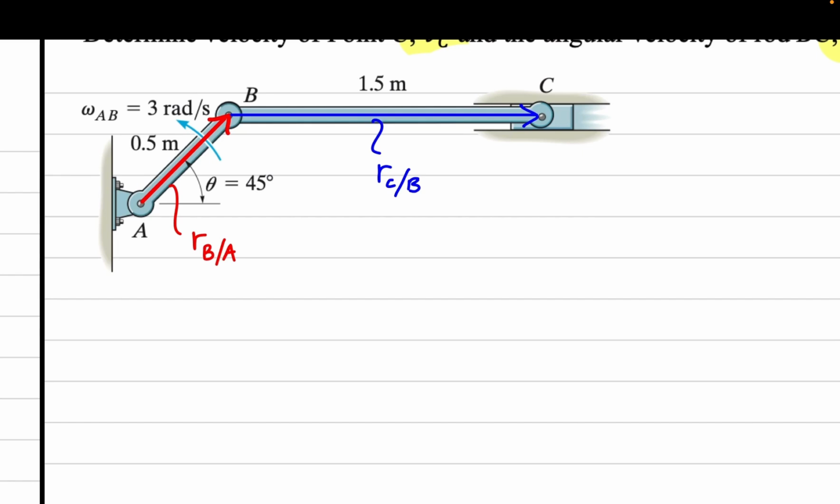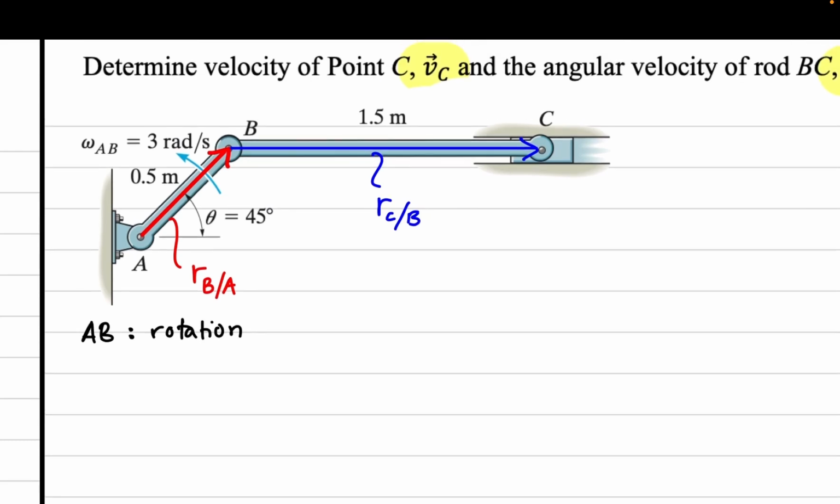So we know that rod AB is rotation, and rod BC is general plane motion. Although the equation requires us to calculate VC, we need to calculate the rotation first.